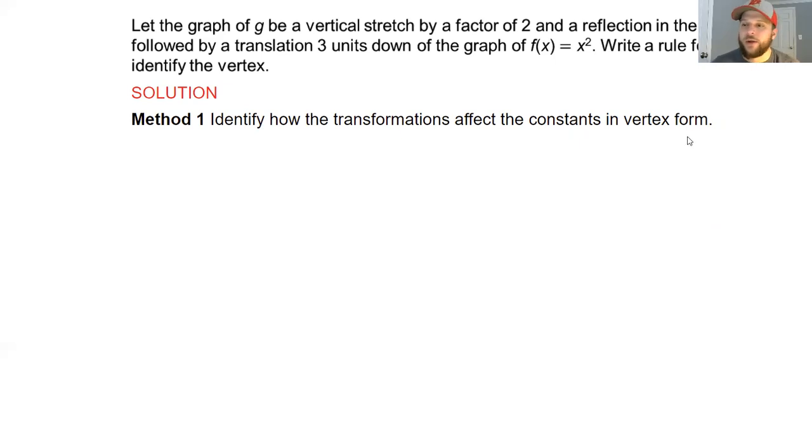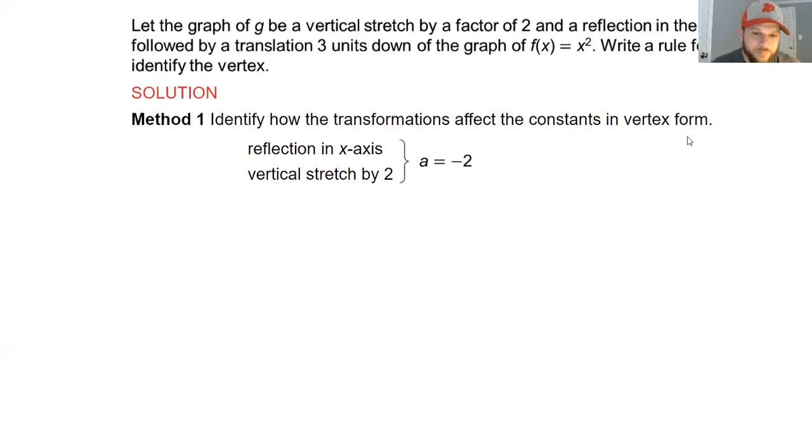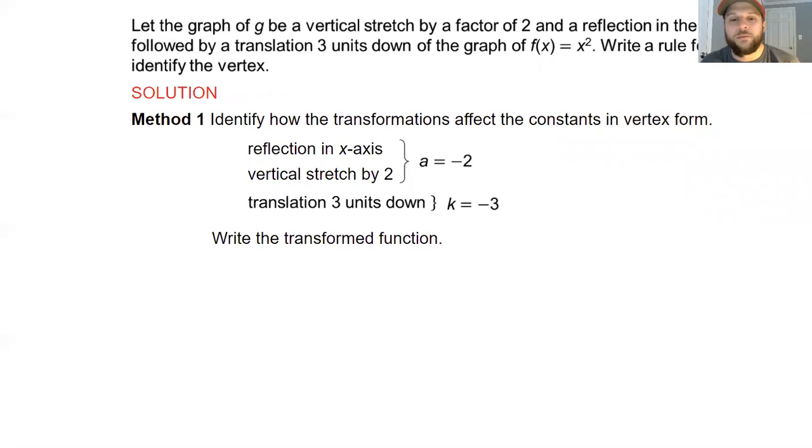So the constants are your a, your h, and your k. Well, you have a reflection, which is going to make a number negative out in front. You have a vertical stretch by a factor of 2. So that a is going to be a -2. Then it is followed by a translation of 3 units down. So since that's a vertical translation, you do exactly what you see and make that a -3.